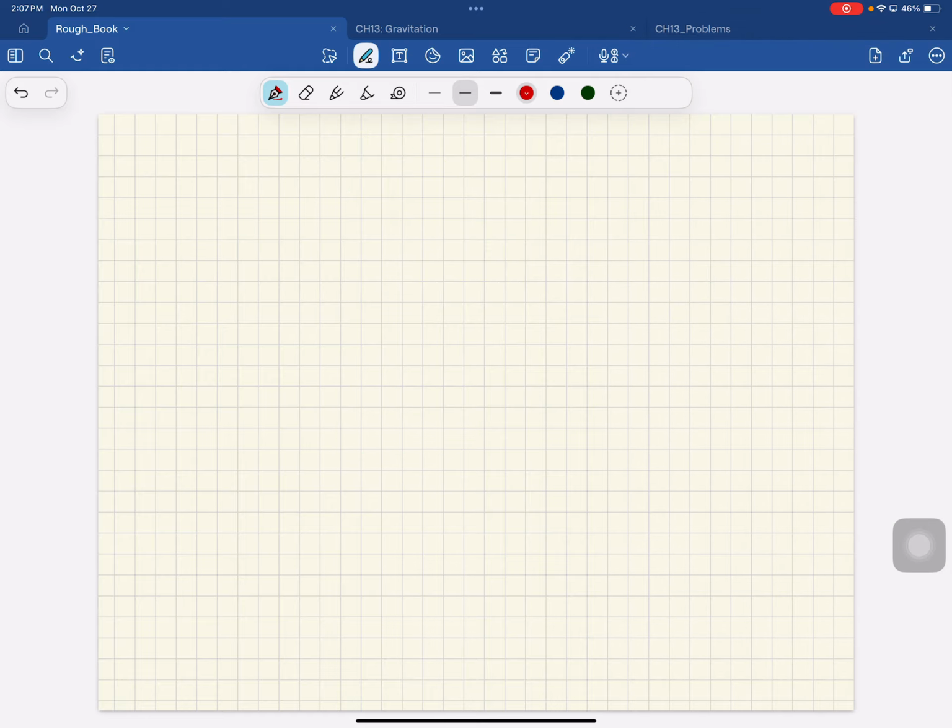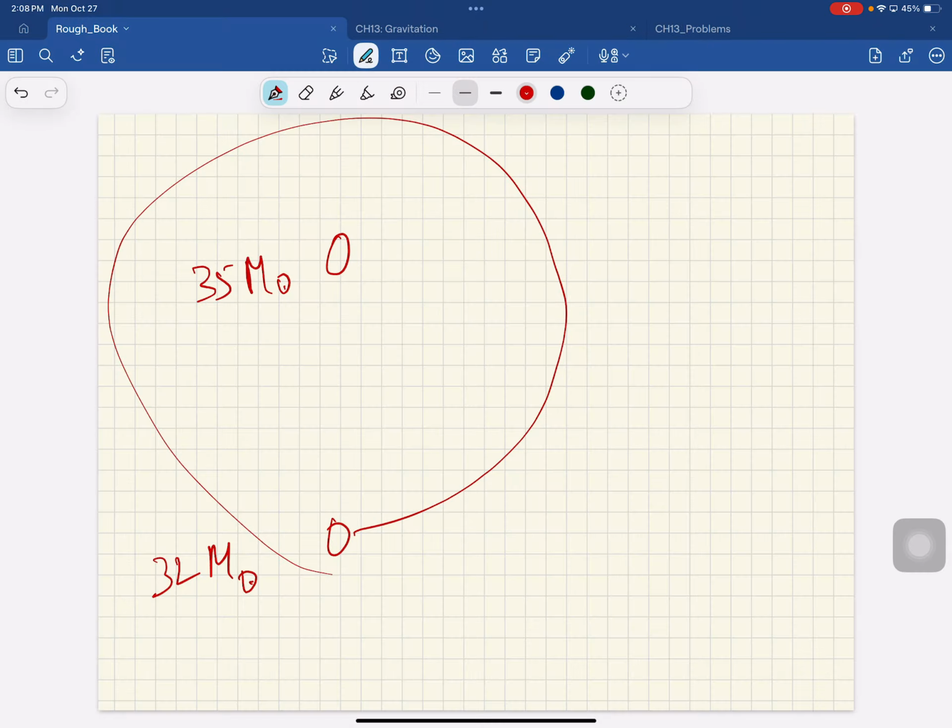All right, so the first thing we detected was, so here are these two black holes. This was 35 solar masses and 32 solar masses or something like that. 67. Don't worry, yeah, something like that. So these two black holes had been going around each other for billions of years, or many millions of years. This pair was 1.3 billion light years away.